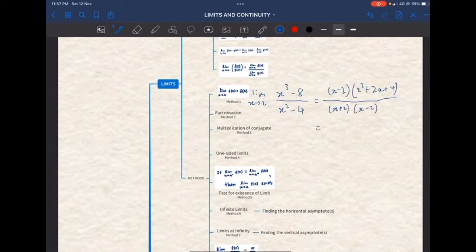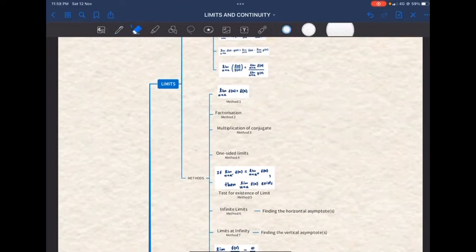So here we could cancel x minus 2. We will only be left with (x squared plus 2x plus 4) over (x plus 2). So here we can directly sub in the value of 2. And lastly, we will get 3. So the limit of f(x) when x approaches 2 would be 3.